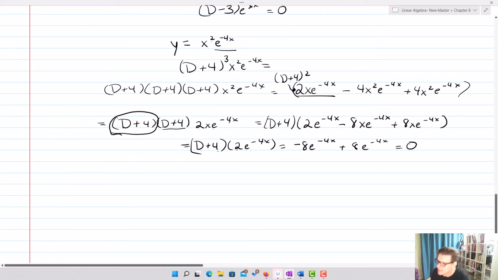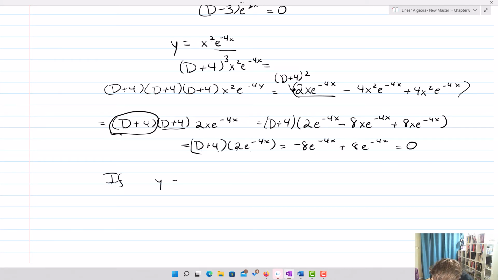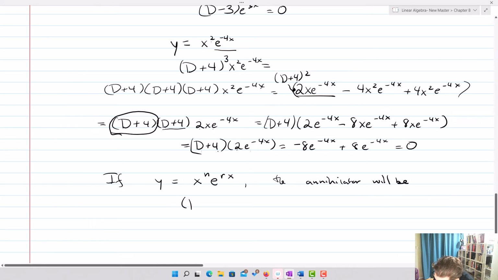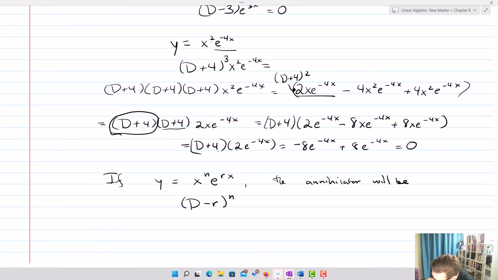So that actually gives us another way of finding an annihilator. If we get y equals x to the n e to the rx, the annihilator will be (d minus r) to the n plus 1.